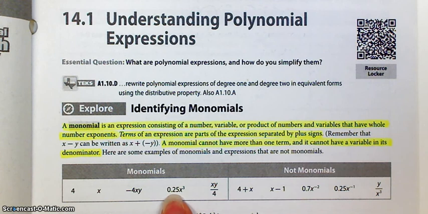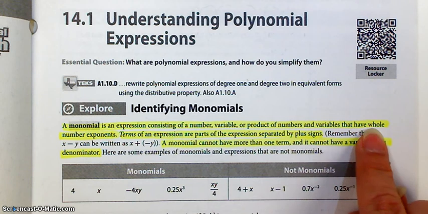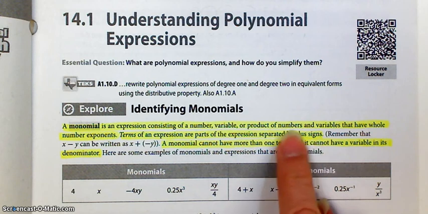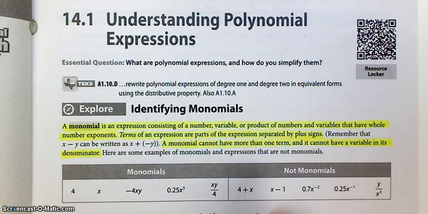This is the product of numbers and variables, and the variable is raised to a whole number exponent. Here, this is the product of numbers and variables, and you're looking at me going, product? It's divided by 4. Well, 1/4 times xy is the same as xy over 4. So multiplying by a fourth is the same as dividing by 4. So this also qualifies as a monomial.